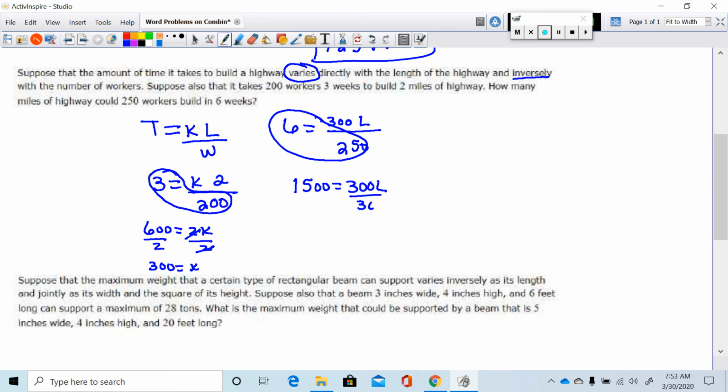Divide both sides by 300. The 2 zeros on the end cancel with these 2 zeros. So 15 divided by 3 is 5. And that's the length. So the length is miles. So 5 miles is how much they're going to be able to build in 6 weeks.